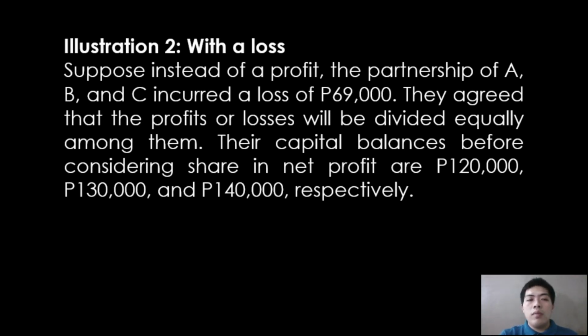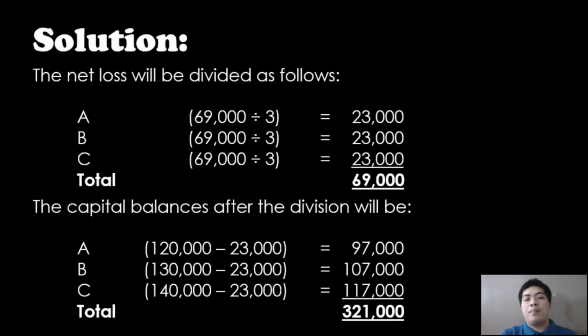So, yung magiging distribution, ganun pa rin. Okay. 69,000 divided by 3, we have 23,000 each for A, B, and C. Tapos, yung kanilang capital balances after the division ng loss, deduct lang yung kanilang share dun sa kanilang capital balances. We have 97,000, 107,000, and 117,000 respectively kay A, B, and C.